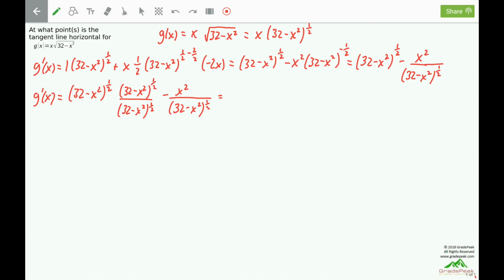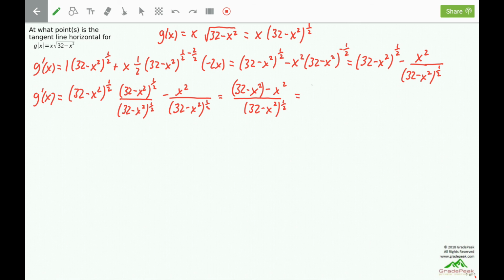Now this first term, the numerator is going to be these two things multiplying each other. And since they have the same base, we can add their exponents. 1/2 plus 1/2 is first power. So we will have a 32 minus x squared to the first power. The other numerator is a negative x squared, and these are now combined over that common denominator of 32 minus x squared to the 1/2.